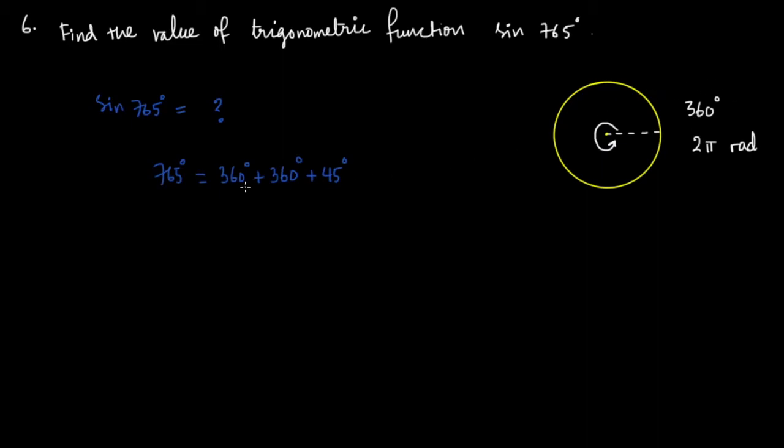So after this the value would be the same as sine 0 degree, or from wherever we started, right? So we started from 0, which means sine 765 degrees is in essence equal to sine 45 degrees.